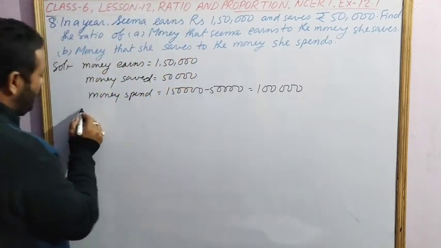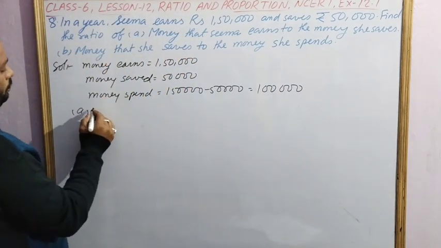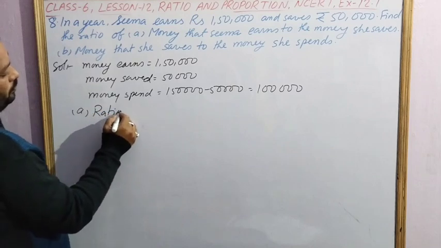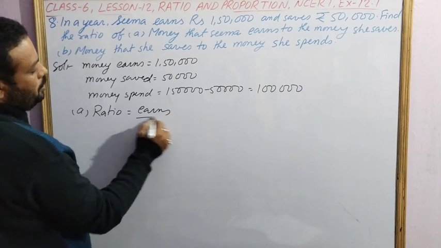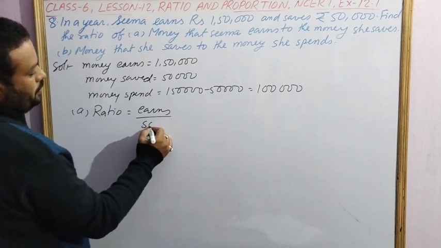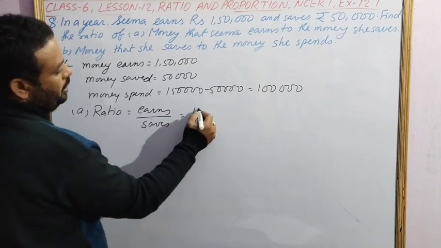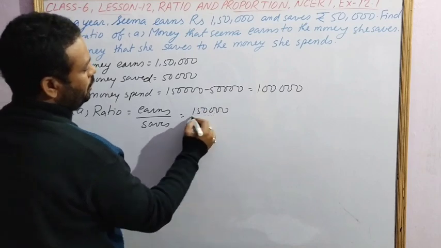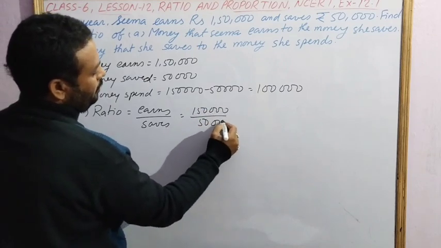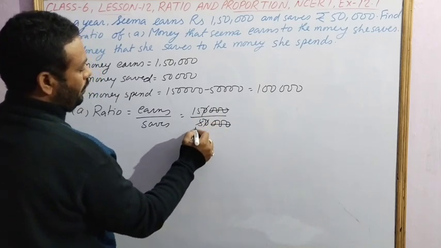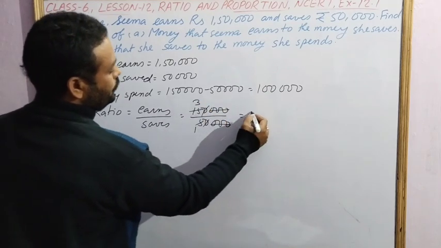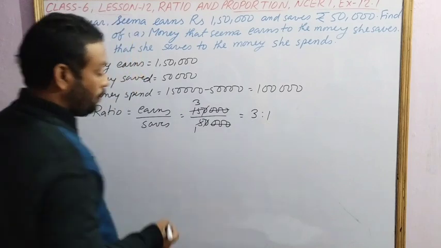So the first ratio we have to find is between the money she earns and the money she saves. Money earned is 1,50,000, saving is 50,000. 5 times 1 is 5, 5 times 3 is 15, that is the ratio is 3:1.